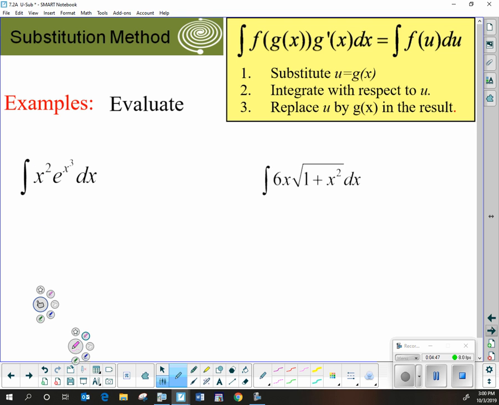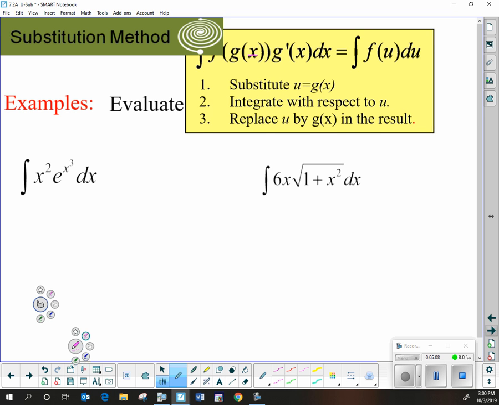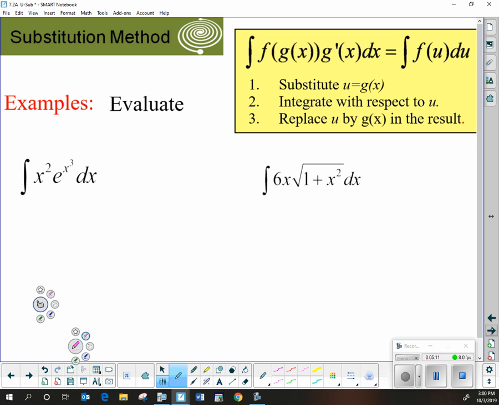Then we get into ones that are not quite as simple as the ones on the front side of the notes. This is where our U-sub kicks in. And we know that we have the chain rule. So if I had an outside function, it was the derivative of the outside, leave the inside alone, times the derivative of the inside. Well, U substitution works on undoing chain rules.